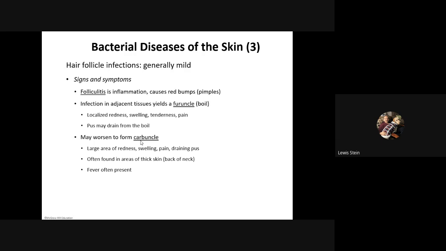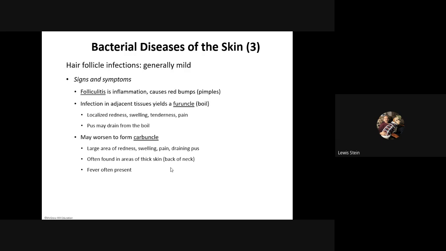Having done so much of that over the years, I'm trying to share with you an idea of where this is. A lot of times you're going to see things. Another thing that people get is called a pilonidal cyst. Have you heard that before? Typically that's associated with the lower back, in the area where the upper portion of the butt cheeks are. Hairs get trapped in there and they form a cyst.